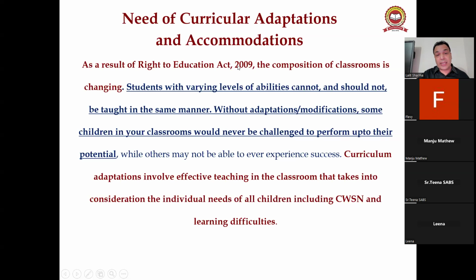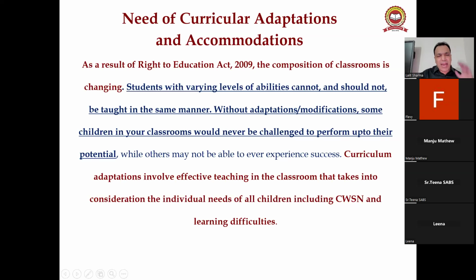After this act came, in 2010, what was that act? Universalization of education means every candidate in the country from 6 to 14 years of age should have elementary education, right?